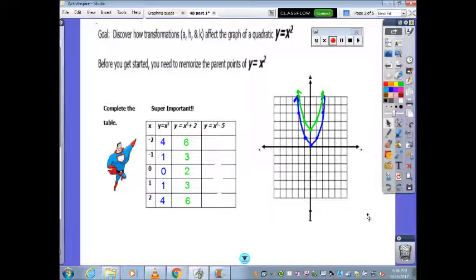Going back to the parent points, let's subtract 5 now. So 4 minus 5 is -1, 1 minus 5 is -4, 0 minus 5 is -5.